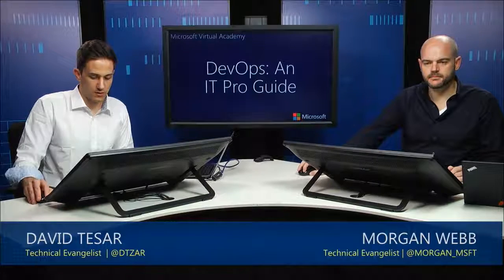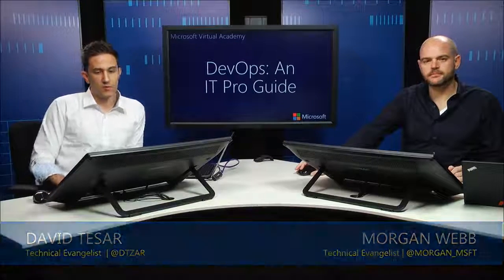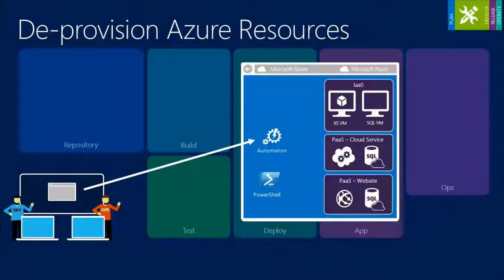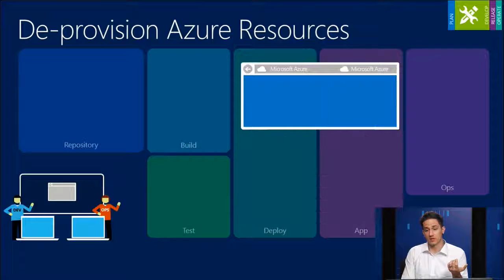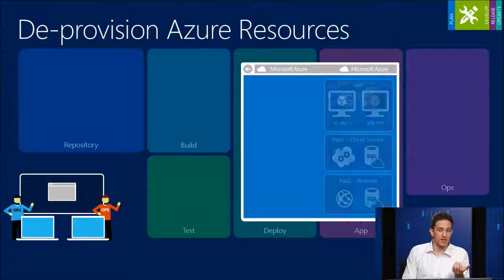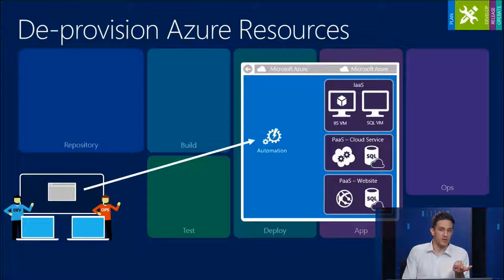So one of the other concepts I want to talk about here, right, is a thing that's really important for IT folks, right? Helping optimize costs. Now, for cloud-based environments, there's some really cool stuff that you can do here. For instance, you may have a dev test, you may have a whole bunch of resources up there inside the environment, and you need a way to really clean those up.